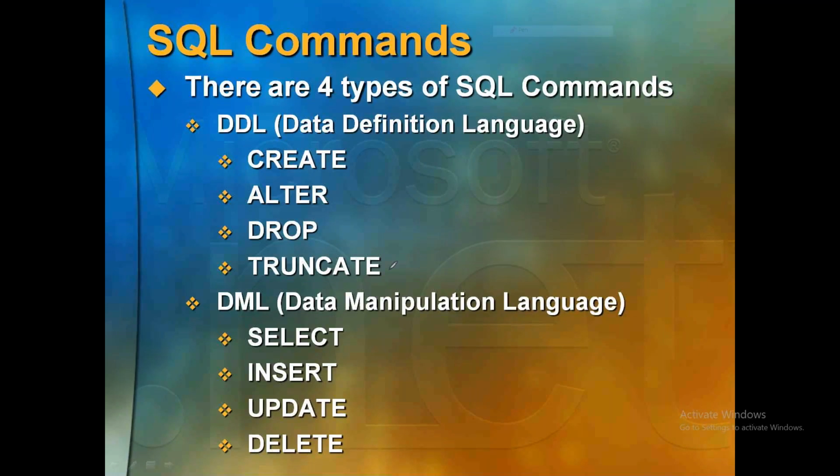This is reading. These three are called writing. Remember this. These three are called writing, and this command is for reading. So in RDBMS we have data writing and reading: insert, update, delete. Am I clear?